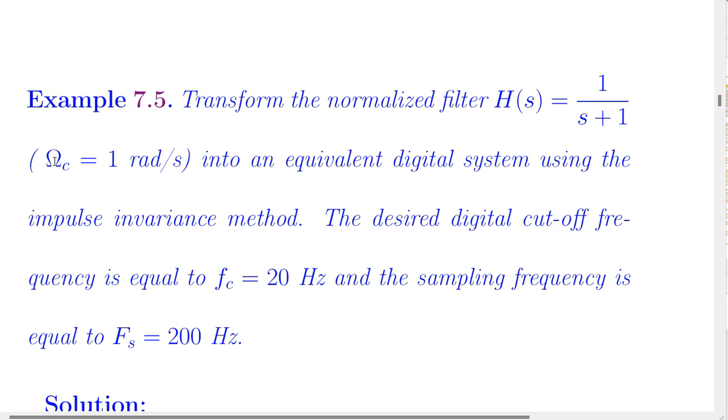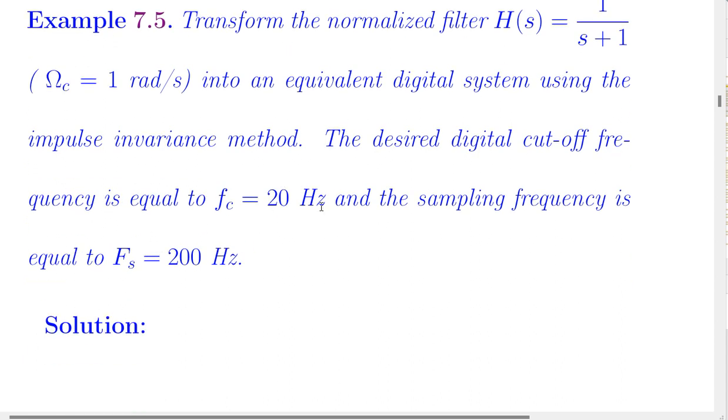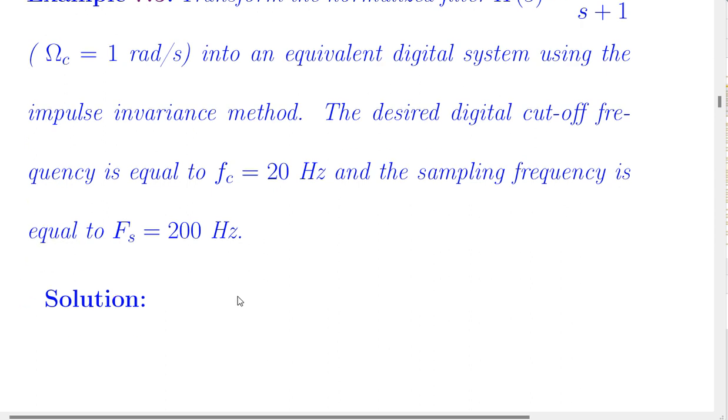Here you see what we just mentioned. Omega c is equal to 1 radian per second, into an equivalent digital system using the impulse invariance method. The digital cutoff frequency is equal to 20 hertz and the sampling frequency is 200 hertz. Now the solution.